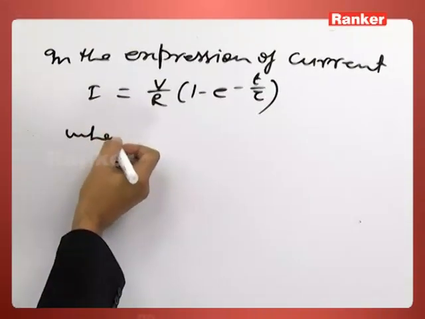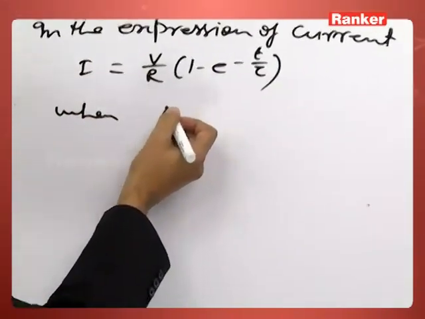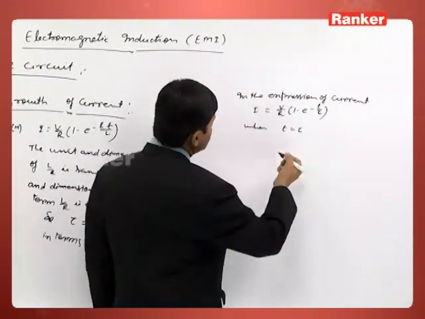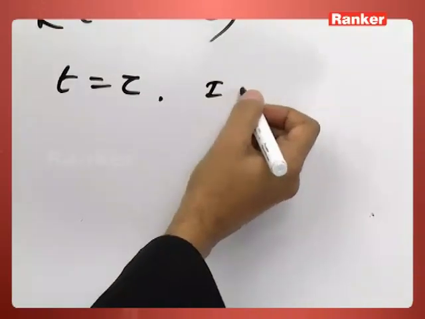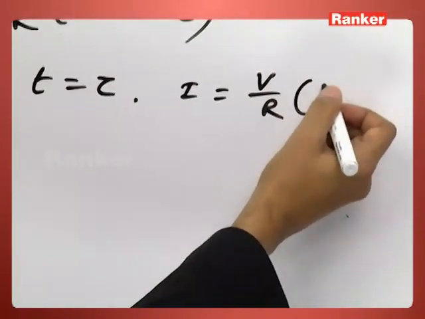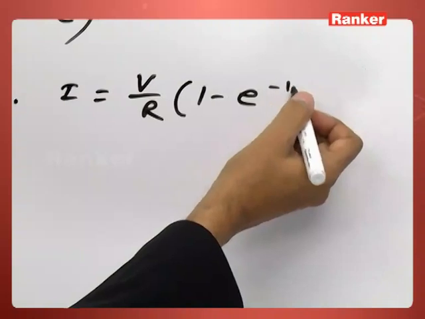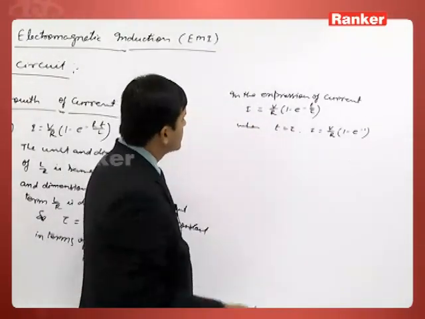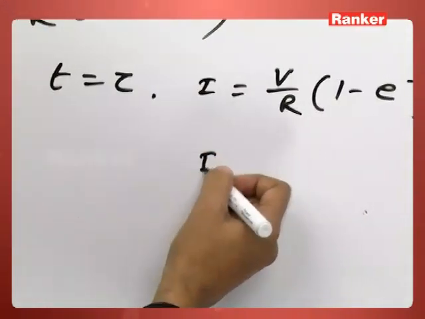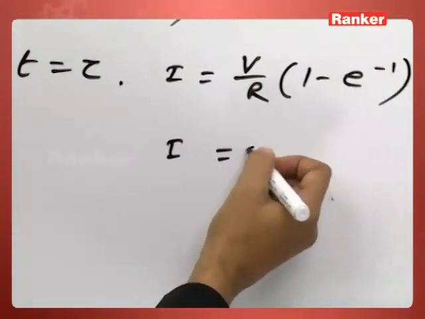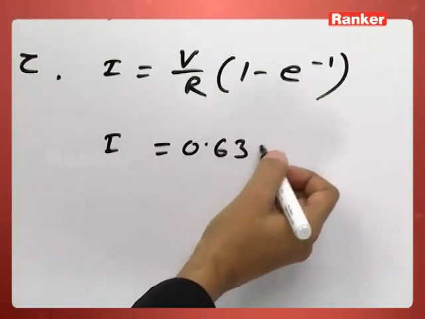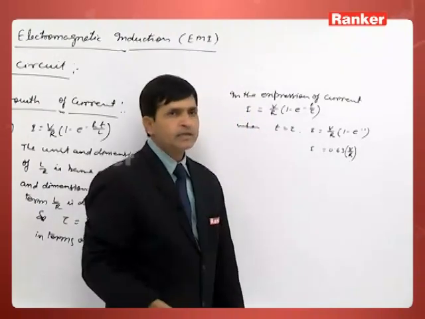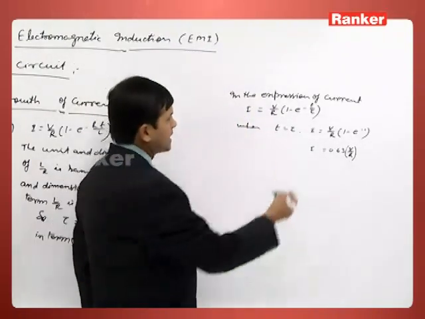When t is equal to tau, then I will come here as V by R times 1 minus e to the power minus 1. After substituting the value of e, what we found here is I is equal to 0.63 V by R, where V by R is our maximum current.